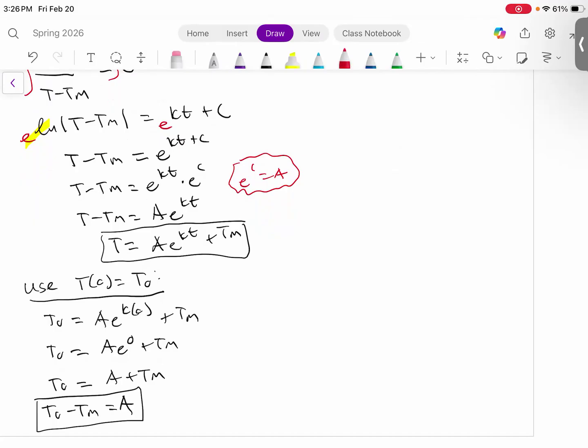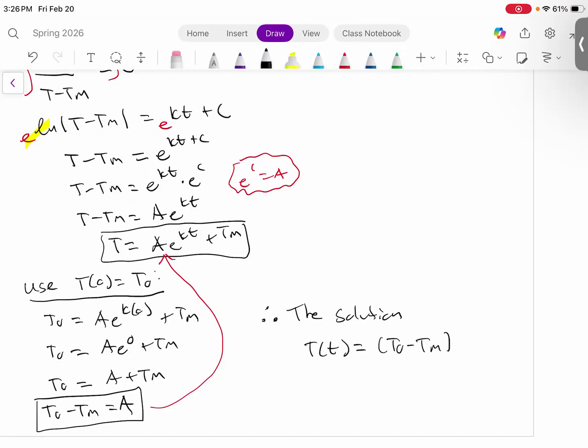So we're going to take this, plug it back into our original equation, and have the solution. Therefore, the solution is always going to be of this form: T equals (T sub naught minus T sub m), our initial temperature minus our constant temperature, times e to the kt, plus our constant or ambient temperature.